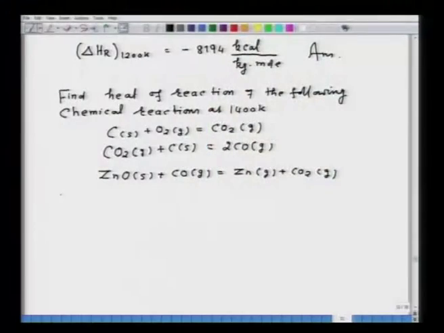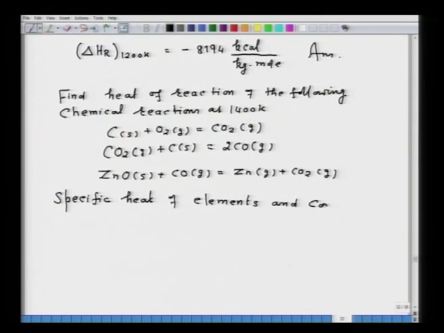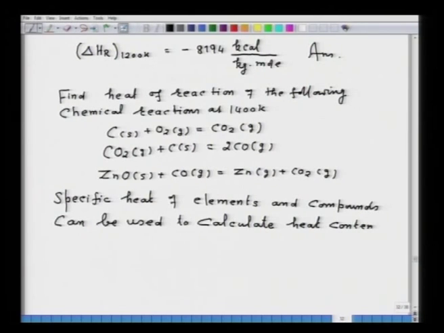The specific heats of elements and compounds can be used to calculate heat content, because here you are not restricted to the temperatures given in the table.